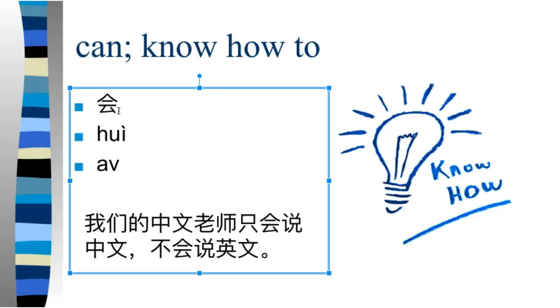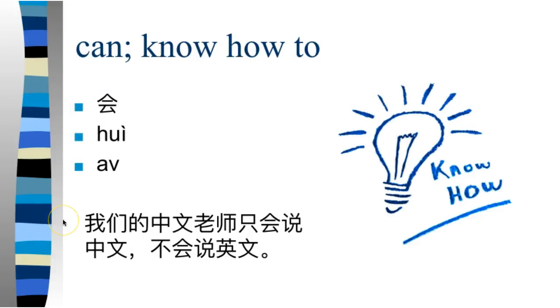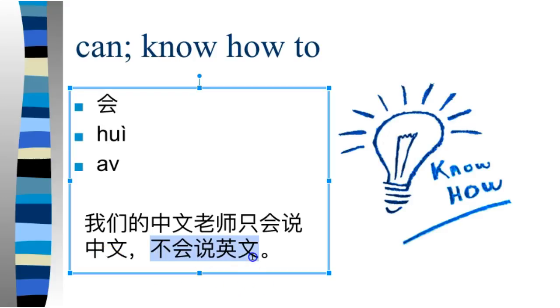我不会说英文. So, in our example sentence, 我们的中文老师只会说中文. Our Chinese teacher only knows how to speak Chinese. 不会说英文. She does not know how to speak English.